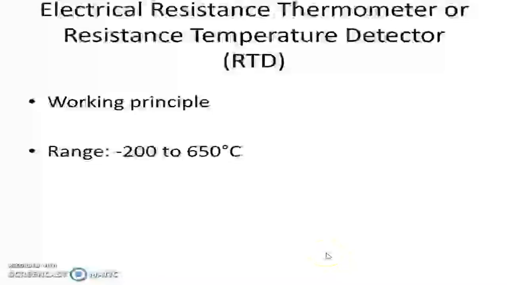Now let us discuss the working of different instruments used for the measurement of temperature. Let us see first the electrical resistance thermometer or resistance temperature detector. As we have discussed in the previous case also, it is very convenient and efficient to measure non-electrical quantities such as temperature by electrical methods.